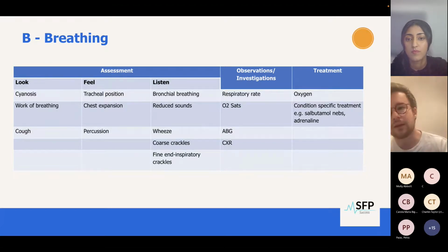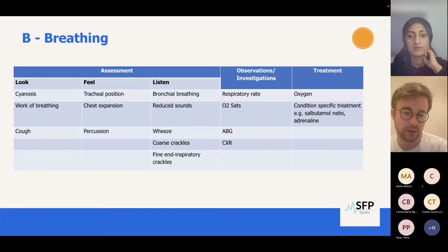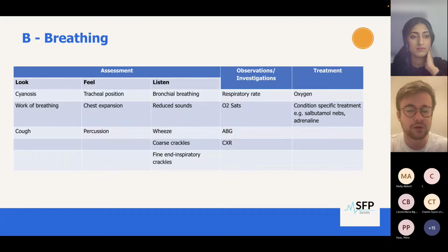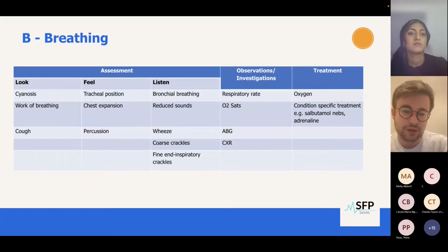Even if they're a known CO2 retainer, often it's best to put them on a high amount of oxygen, because hypoxaemia can kill someone faster than hypercapnia. So you would first put them on a high amount of oxygen, and then you can reconsider later whether you need to reduce that based on their oxygen saturations.